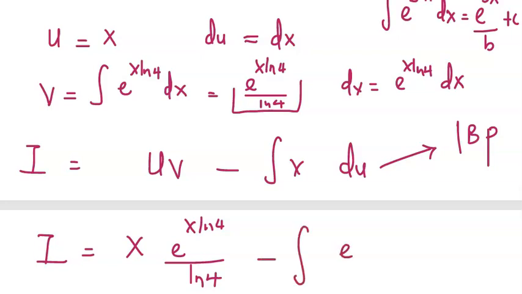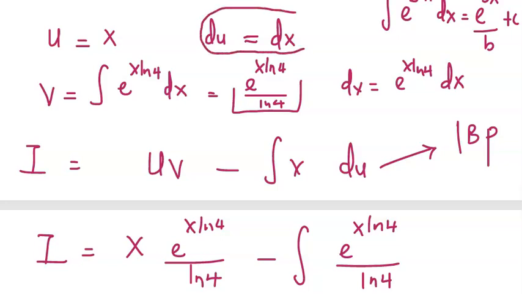Remember our v is e to the power of x multiplied by the ln of 4, then divided by the ln of 4, and then du. Don't forget our du. Take a look, here is our du. Are you seeing that? So du is what? dx.